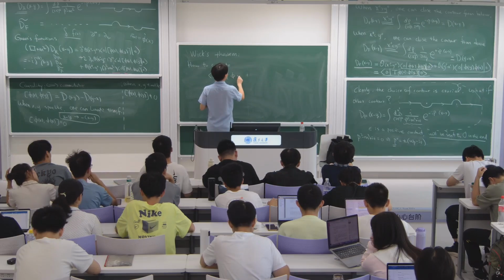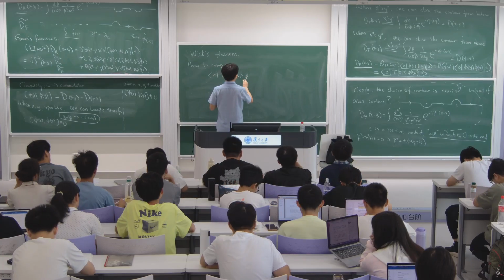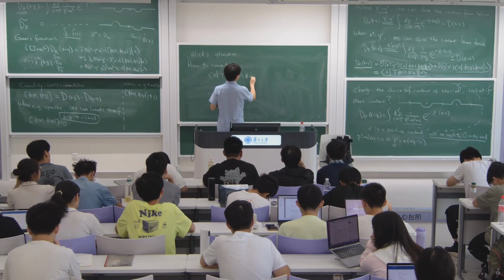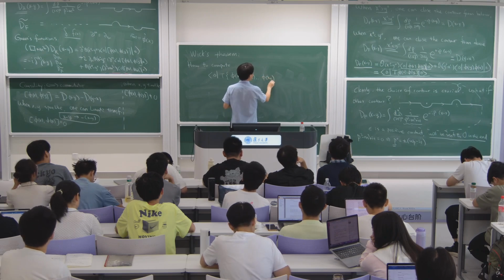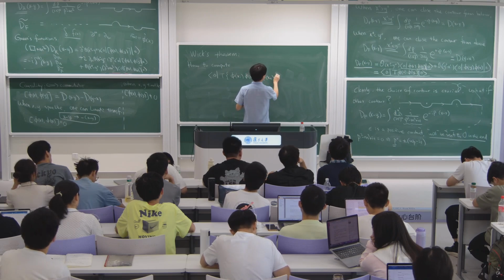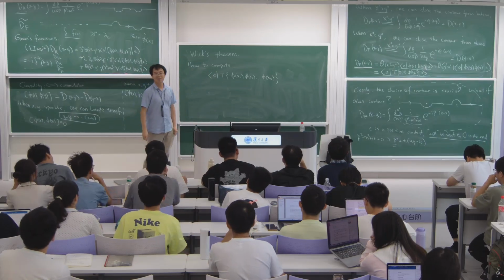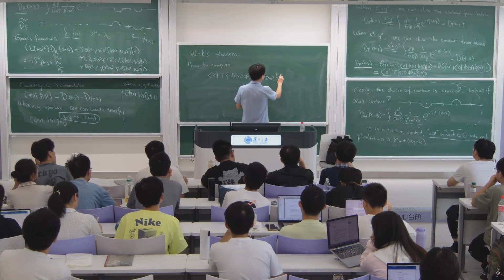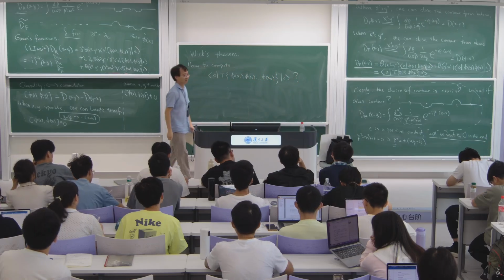So the question is, if I have higher points, what are the free fields? phi x1, phi x2, dot dot dot, phi xn. I have n points, and all of them are time ordered. How to compute this one? That's the question.